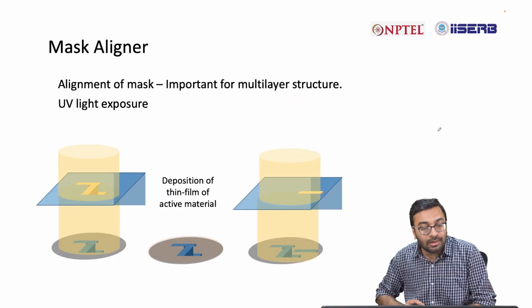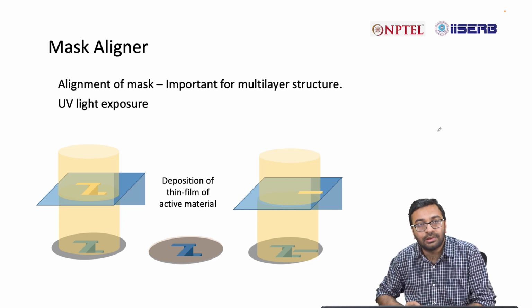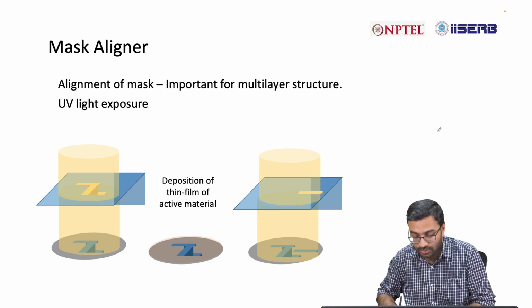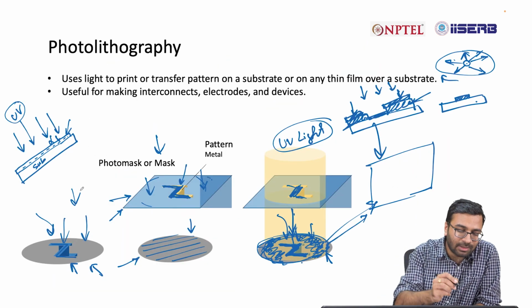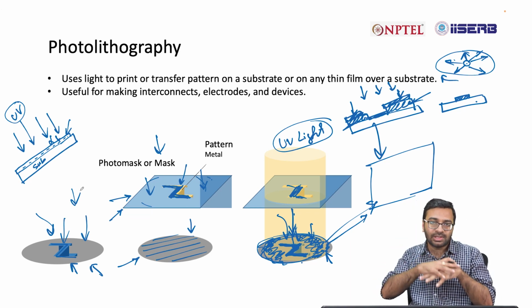Then there is another process which is known as mask aligner, an instrument which is needed if you use, say, more than one mask in your device fabrication. So far whatever pattern we have shown over here, it is a single mask process. You just want one pattern to be deposited on top of a substrate.